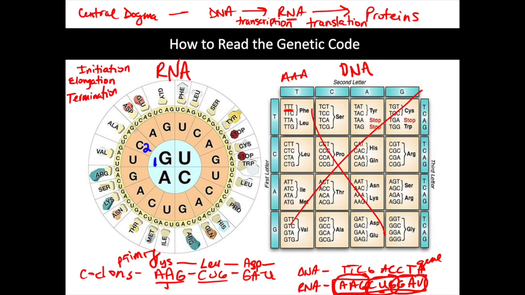And in position 3, I can have G, A, C, or U. So I can have GCG, GCA, GCC, GCU. All 4 of these codons will encode for the amino acid alanine.